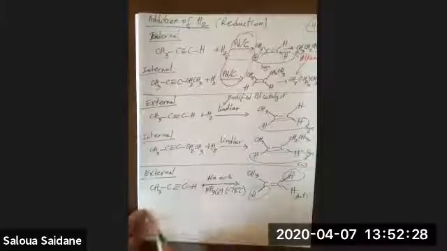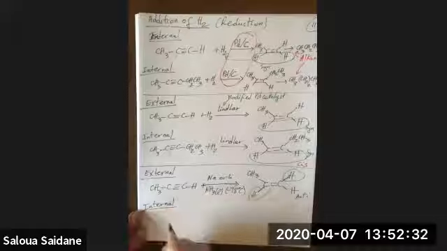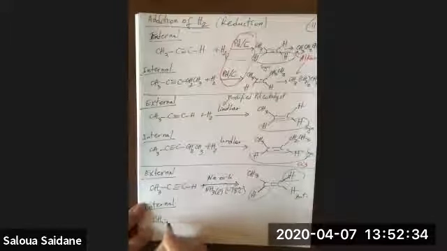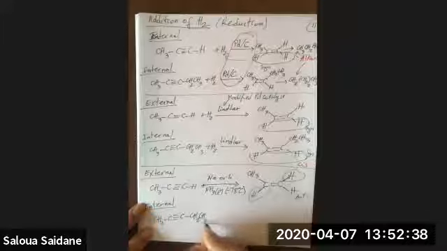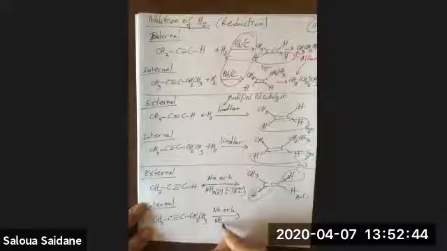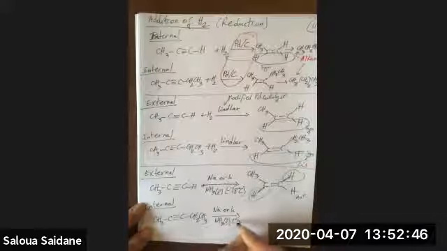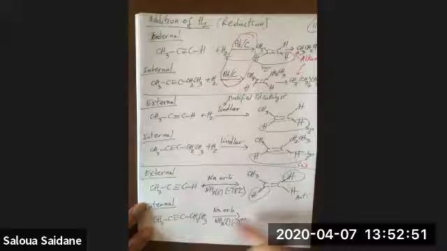But if it's an internal alkyne, CH3, C, C, CH2, CH3, and we use the same stuff, which is sodium or lithium, in the presence of liquid ammonia at minus 78 degrees Celsius. It's going to be an anti-addition.